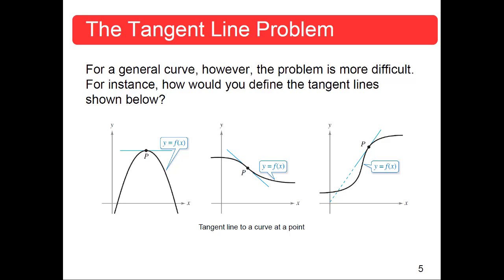But I think a good working definition for us, however, would be that a tangent line is a line that intersects a curve at one point in a given neighborhood of x. For instance, if I look at point P here and look at the x value where point P is, the x coordinate, right where the cursor is, if I say that that blue line is tangent and it only intersects the curve where the x values of my cursor is, I could say like that's a little neighborhood of x.